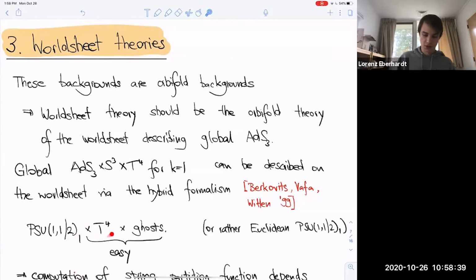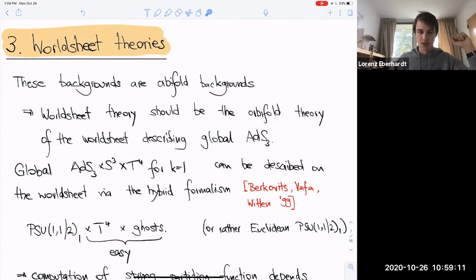And then there's, again, this T4, which is basically described in the RNS formalism. So it's just 4 free bosons, 4 free fermions. And then there's a bunch of ghosts that impose some BRST constraints, like we have also in the RNS formalism. They're different ghosts, but still it's just BRST. So the message is that this T4 times ghosts is kind of easy to deal with for the purpose of partition functions, and the magic happens in this PSU(1,1|2) level 1 WZW model.